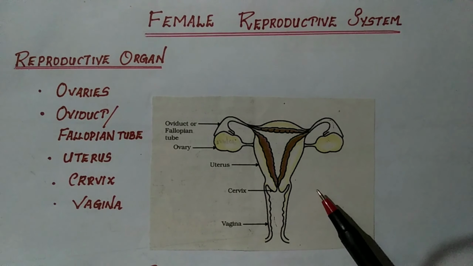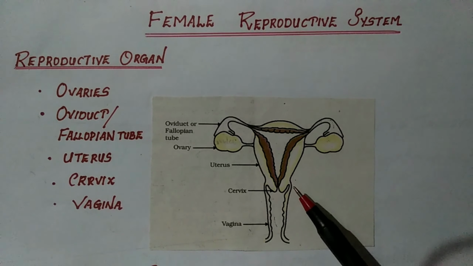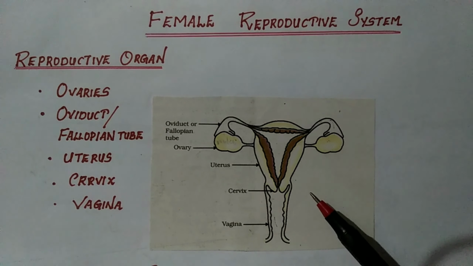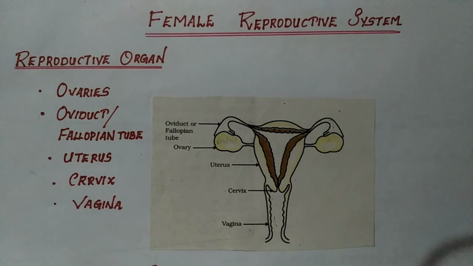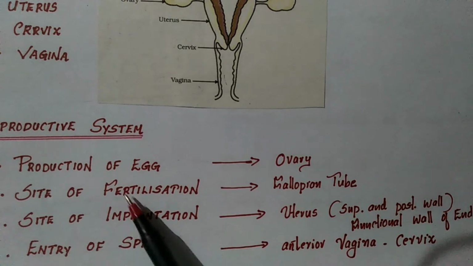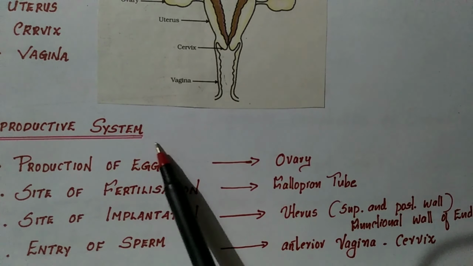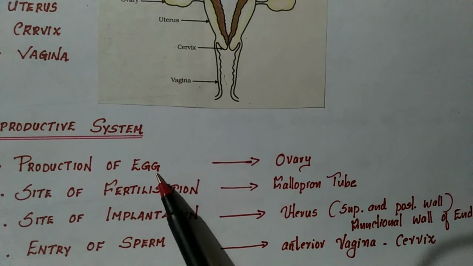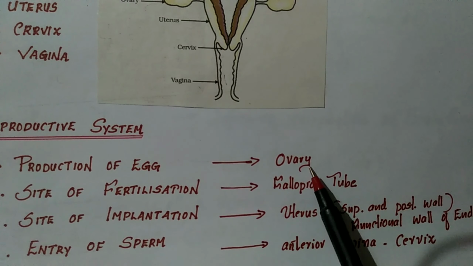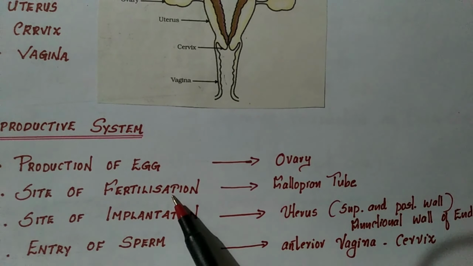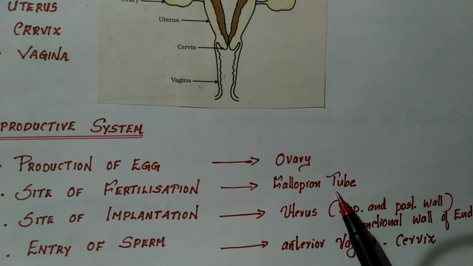So these are all about the different organs of the female reproductive system. Now let us go through sexual reproduction in human beings in detail, how it is taking place. See these points. Regarding the reproductive system in general, production of the egg is taking place inside the ovary. The site of fertilization is the fallopian tube.